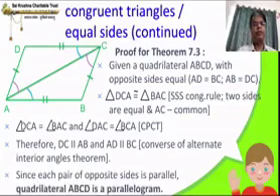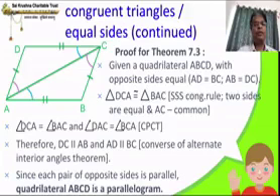So now we have come to the proof. We are able to prove that if each pair of opposite sides is equal, then each pair of opposite sides is parallel, and the quadrilateral ABCD is a parallelogram. Correct? So the given is that opposite sides are equal. Through the other two theorems, we are able to show that each pair of opposite sides is parallel, because this is the definition we have seen in the flow chart.